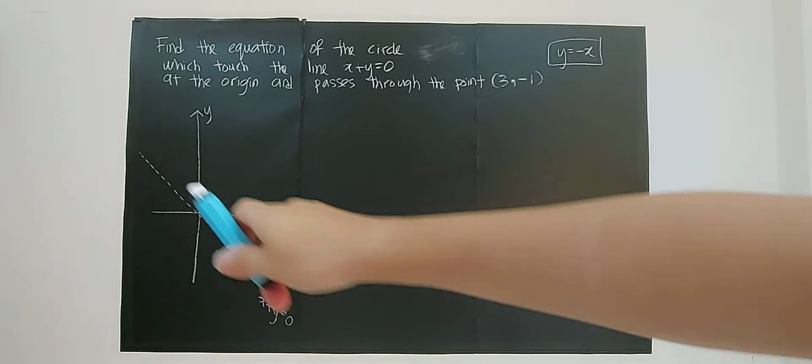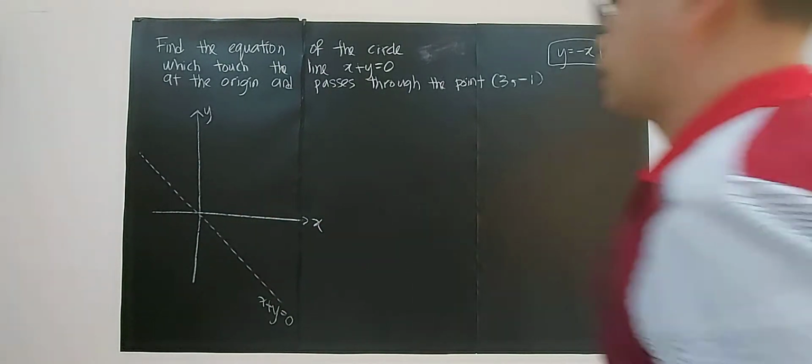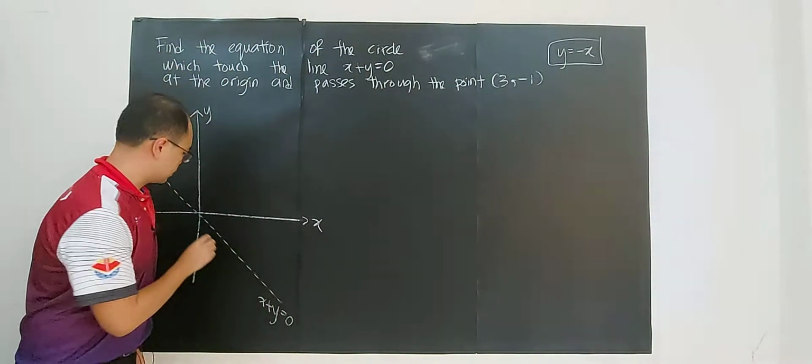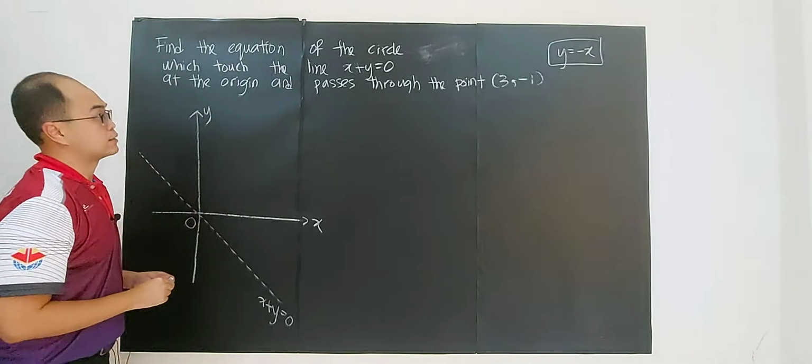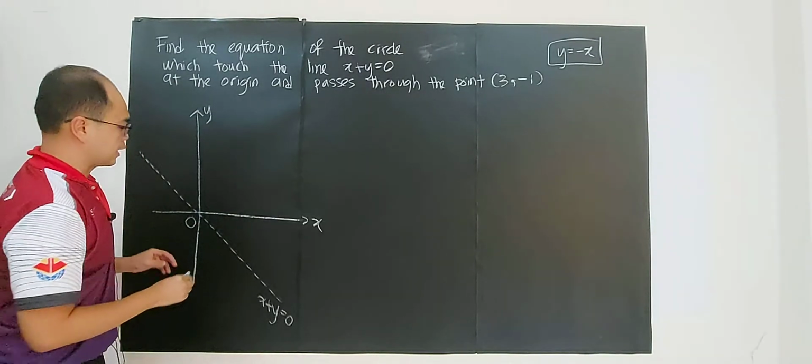This circle also passes through (3, -1).